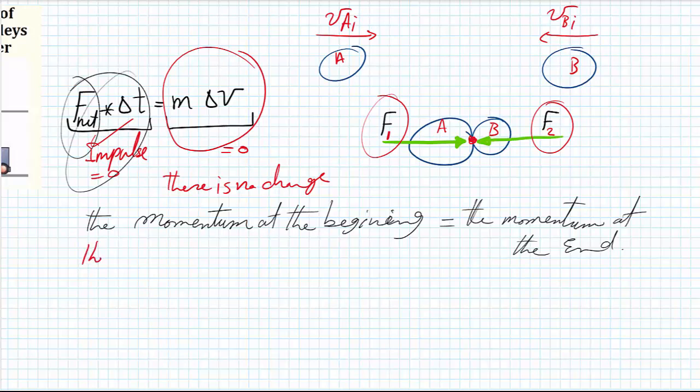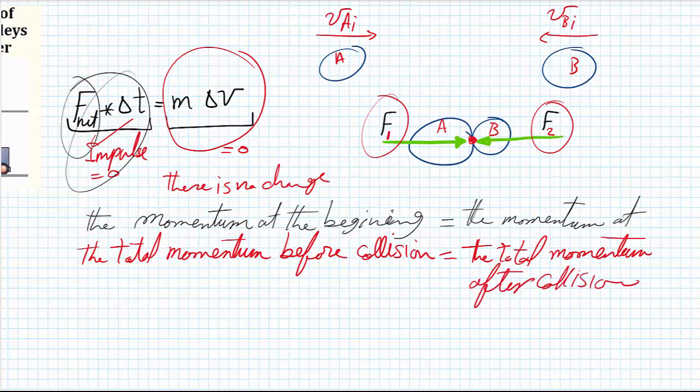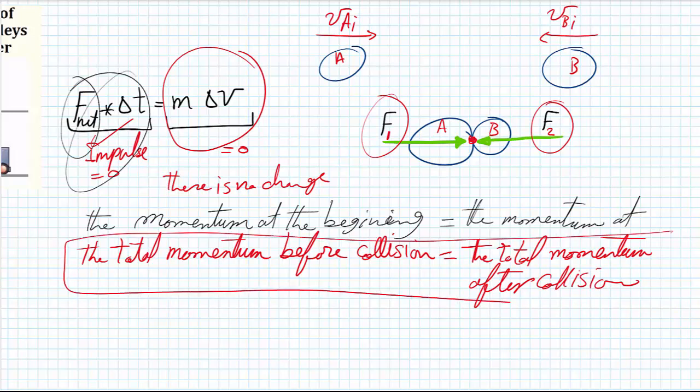But overall, the total momentum before collision equals the total momentum after collision. And this is the equation of the collision. It's called the conservation of momentum.